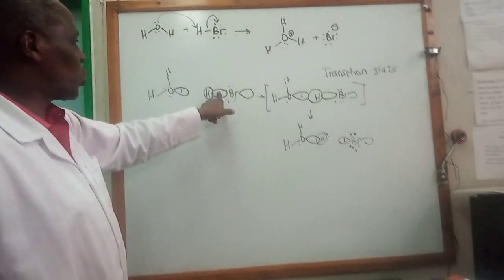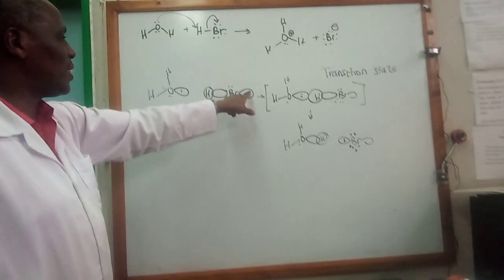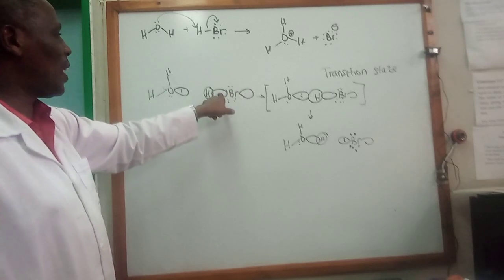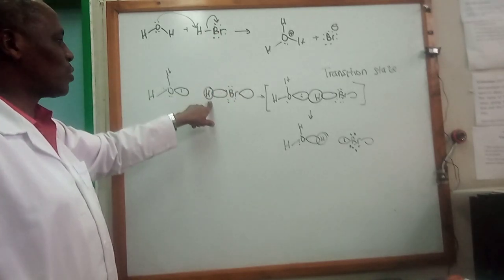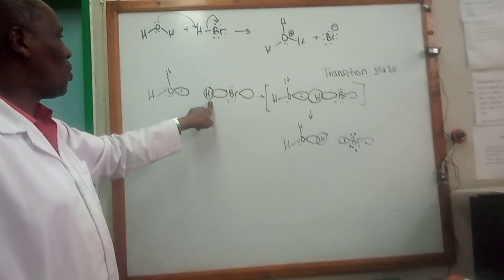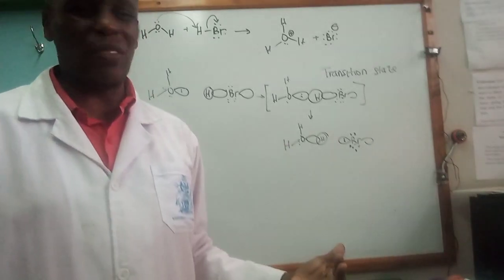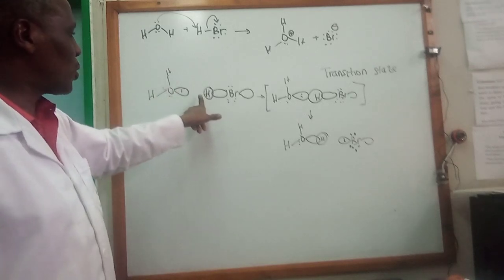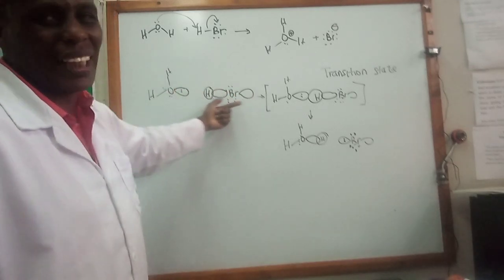So we're just going to show you a p orbital. In this case, this bond here is the p orbital for the bromine, overlapping with the s for the hydrogen. Can you see that? This is what happens at the microscopic level. So the oxygen has got to approach the hydrogen along that plane.